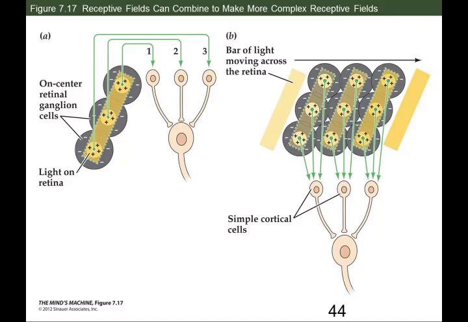So are you familiar with the idea of Hertz, which is how many cycles per second? That's not a good analogy. It's basically how many light-dark cycles for a certain space in the visual field.